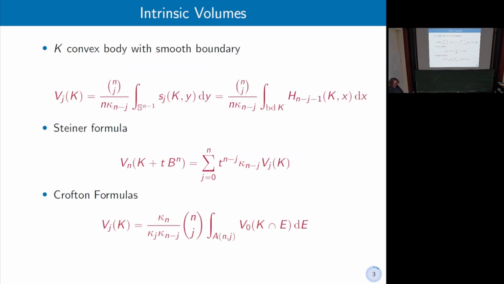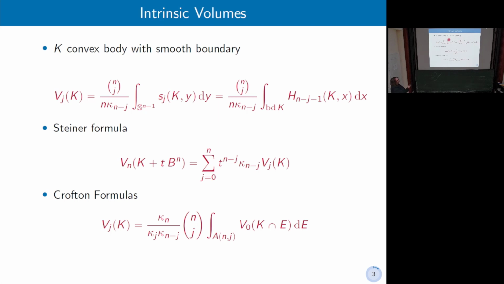For example, you can use differential geometric definitions. So if we have a convex body with smooth boundary, then, for example, this here would be the (n-j-1)-th elementary symmetric function of the principal curvatures of this boundary. And you integrate over it, and you get some normalizing factor, and you integrate over the boundary with respect to the Hausdorff measure of the boundary.